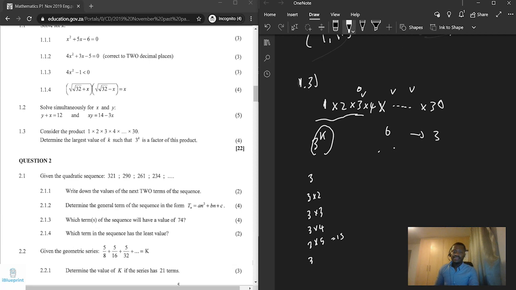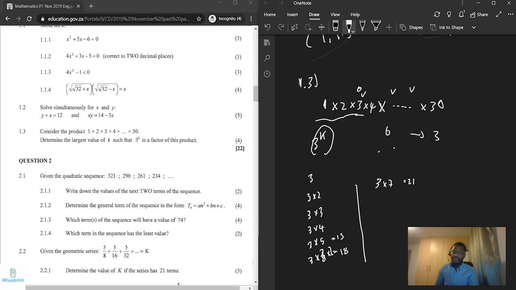The next one is at 3 times 6, which is 18. But you can also think of this as 9 times 2, right? So maybe you want to write this as 3 squared times 2. And then the next place is going to be 3 times 7, which is 21.